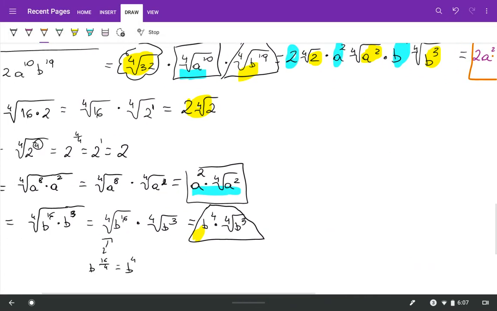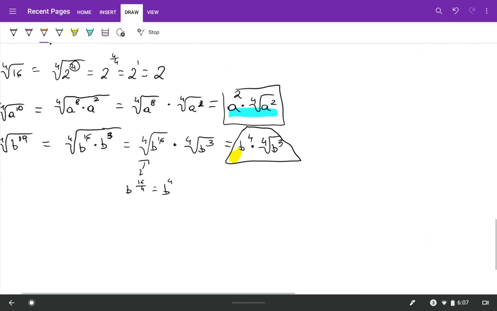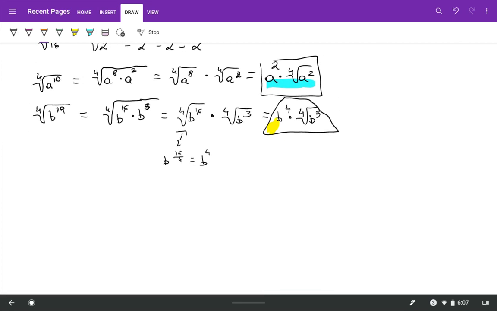Okay, so the next examples we're going to be simplifying radicals. I will call that example 2. Simplifying radicals by using the order of operations.